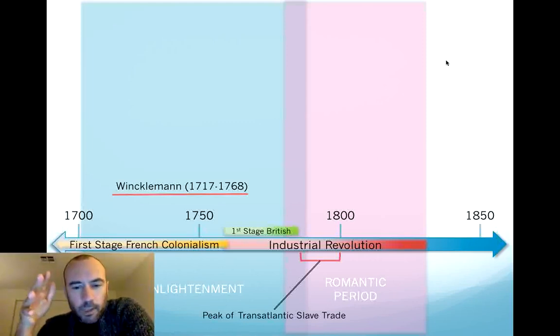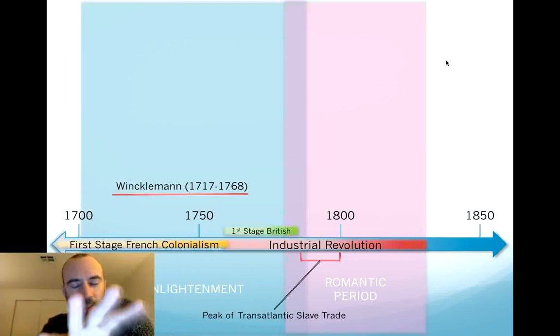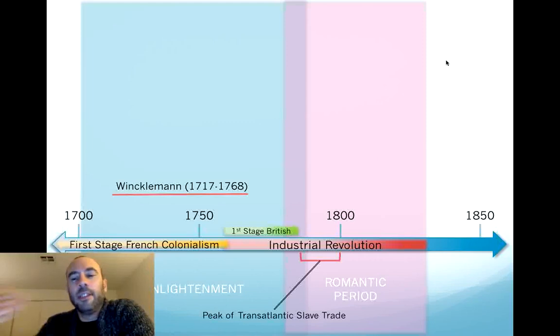There's a lot going on in this graph here, and I'm going to show you this graph several times as we go along, just to show you where these individuals are on the timeline. So during the 1700s and the 1800s, Europeans have been traveling around the world trying to get spices, trying to get gold, trying to open up markets for their products, trying to find lands on which they can grow cash crops.